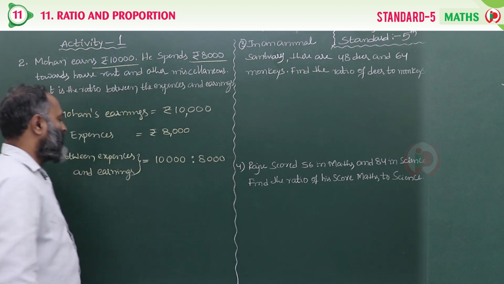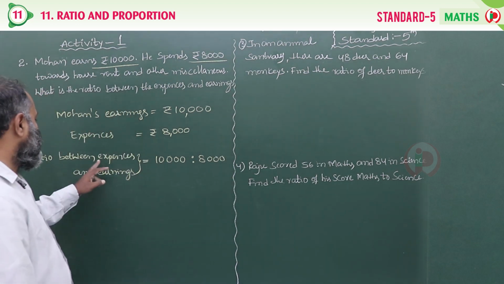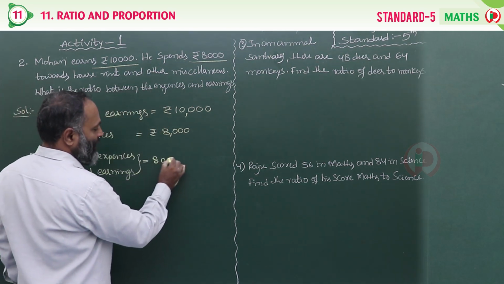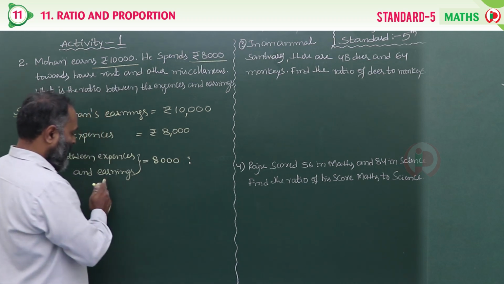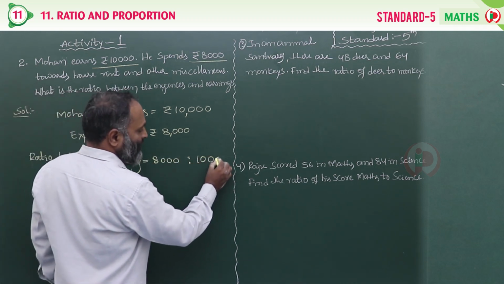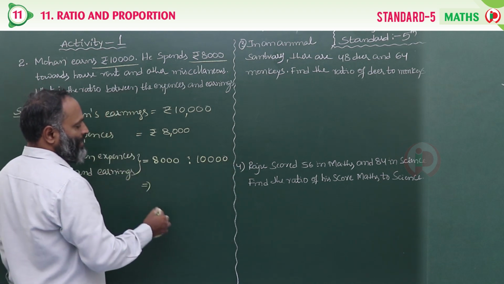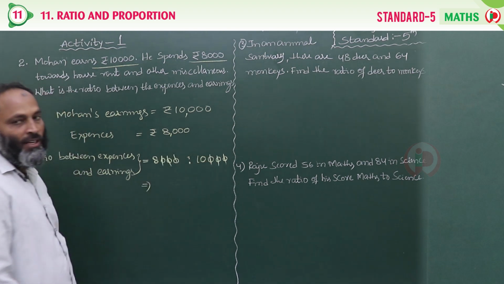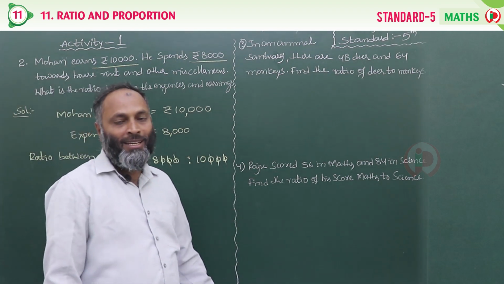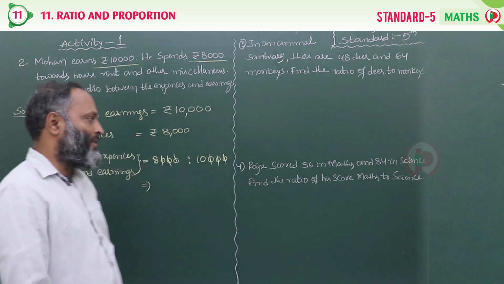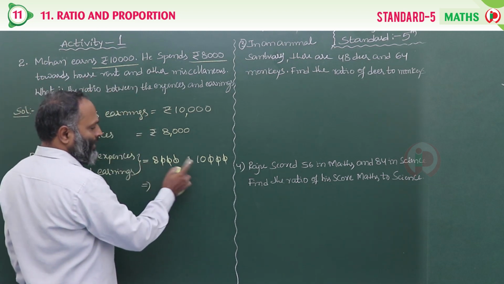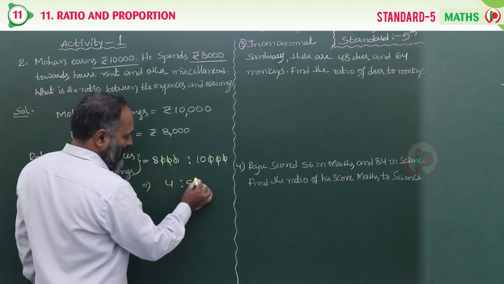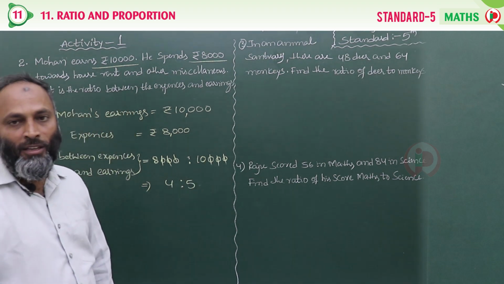He is asking expenses first, so we should take expenses first. 8,000 expenses, then after that earnings, 10,000. Here 3 zeros will get cancelled, meaning in the 1,000 table: 1,000 8s, 1,000 10s. Now 8 and 10 both cancel in the 2 table. 2 4s are 8, 2 5s are 10. So that is 4:5. Okay.